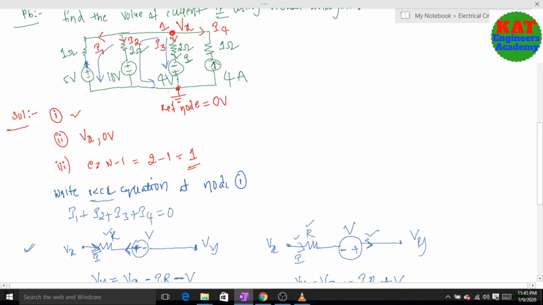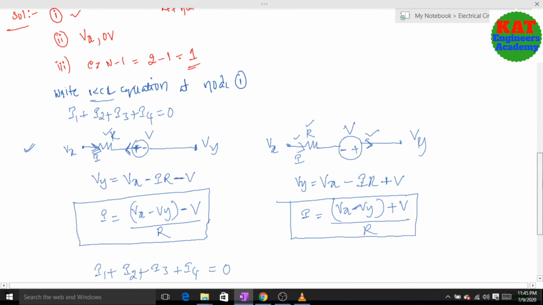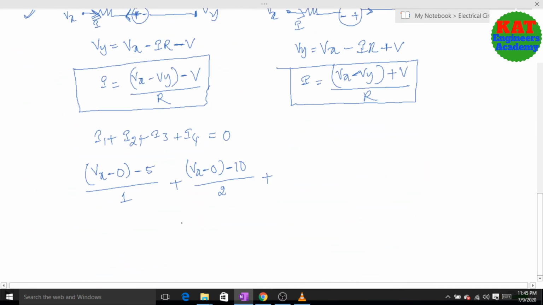So the voltage source current direction is the same as our current direction, so we consider plus here. So Vx, the higher potential, minus the lower potential, the reference node, 0, plus the given voltage, 4 volts, divided by the resistor, 2 ohms.